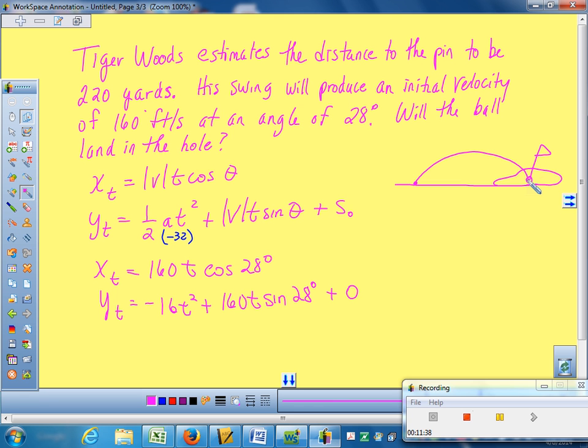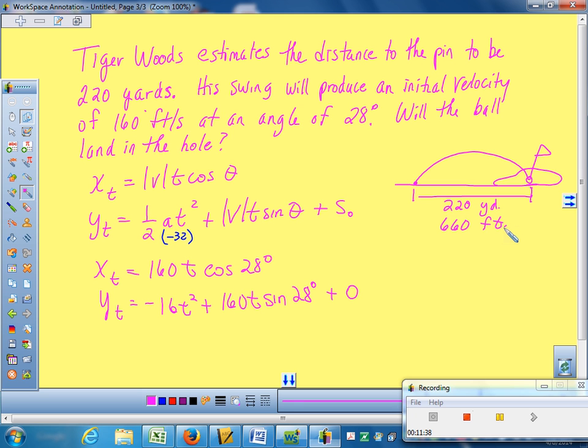Now, to solve the question, you actually usually have to solve 2 problems to get to the answer. You have to ask yourself, what do we know in this situation? We know the distance is 220 yards, which is how many feet? So yes, times by 3, it'll be 660 feet to the hole.